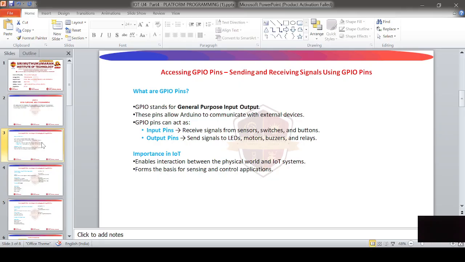These are the main purposes of GPIO pins: interacting with the external world by accepting commands through input pins and sending signals through output pins. This is their importance in IoT. It forms the basis of sensing and controlling applications automatically, connecting the physical world with IoT systems.